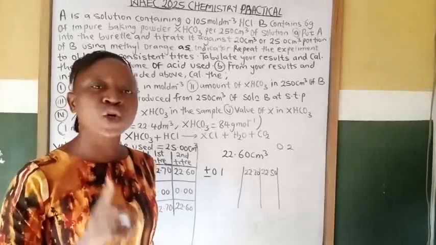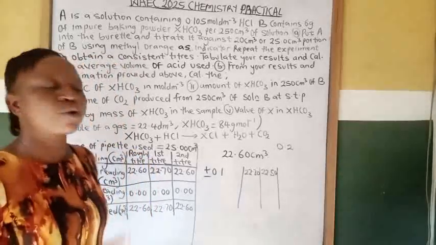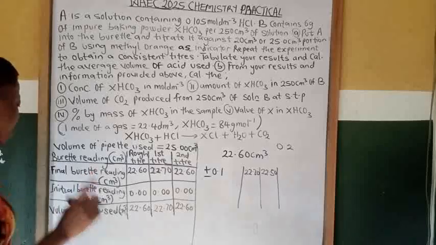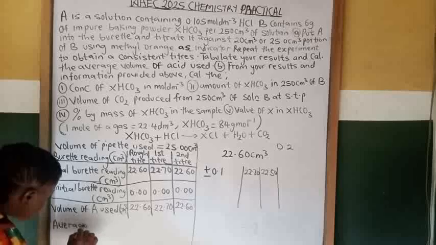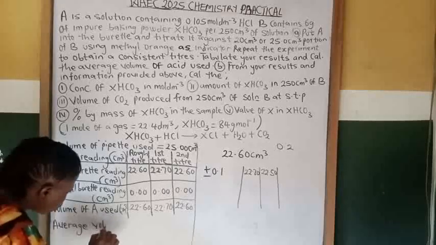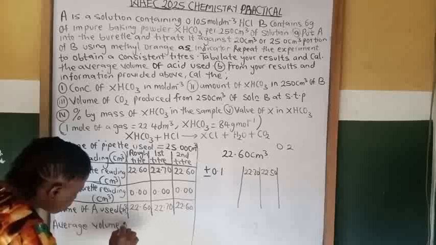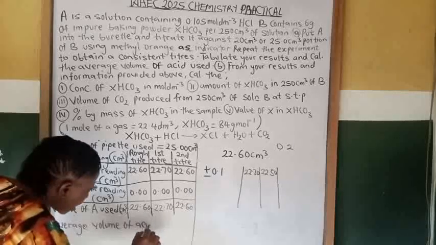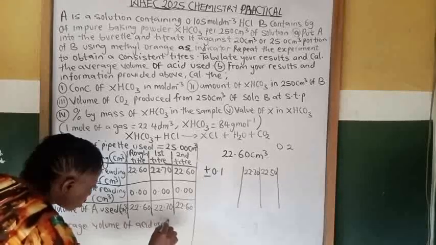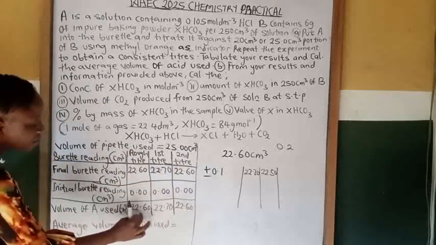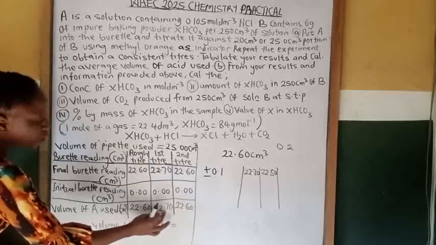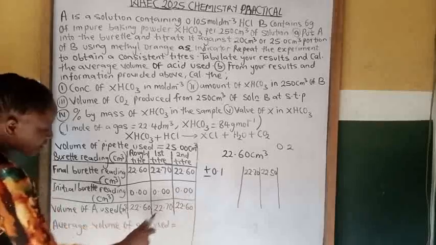So you use your concordant titer values to calculate the average volume of acid used. We don't use the rough titer value in the calculation. So you use your first and second titer values.